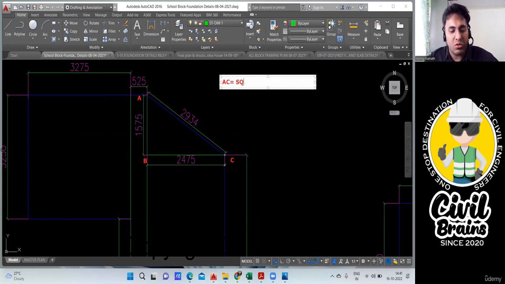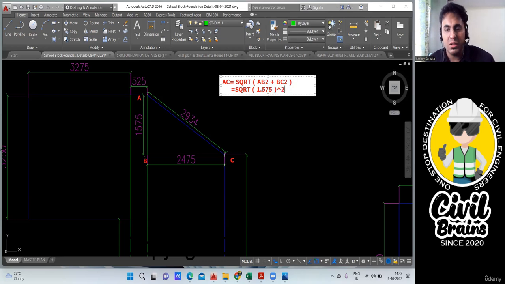So we'll write, I want AC. AC will be square root of AB square plus BC square. So now under root, that is square root. What is your AB? AB is 1.575, whole square I need to do.